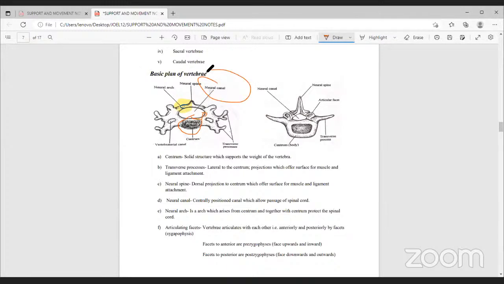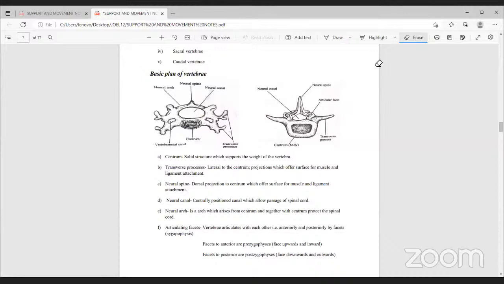That is why we did not give that function under the centrum, because it cannot provide protection to the spinal cord if the neural arc is not there.